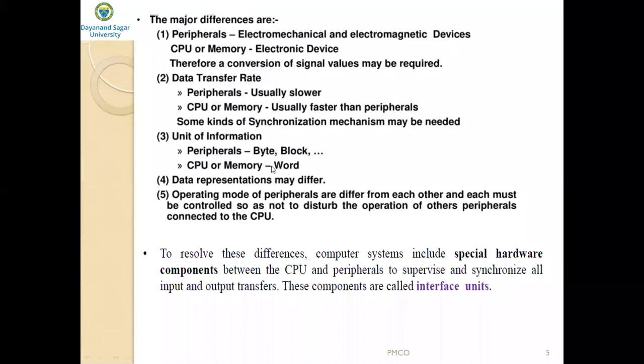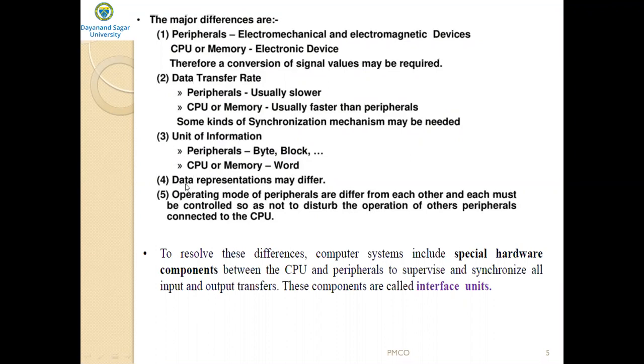So that will count as the word length of the CPU. So what is the meaning of word length? The number of bits that can be processed by a microprocessor at a time. So it can be 8-bit, word, or double word and so on.